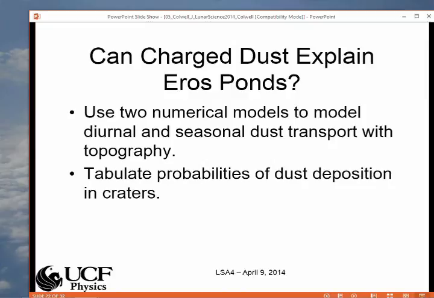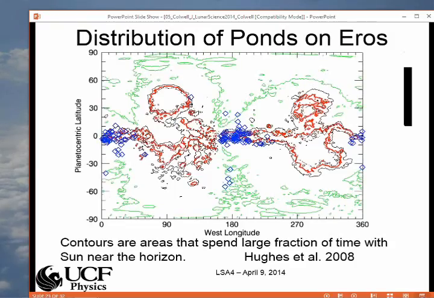Now, we also simulated what happens if you're on a complicated surface, and we looked at this with the Eros dust ponds. So suppose you've got shadowing. Shadowing affects the photo emission and therefore the charge distribution on the surface. And we found that you can get net deposition of dust particles into craters. So this gets to your question about horizontal transport.